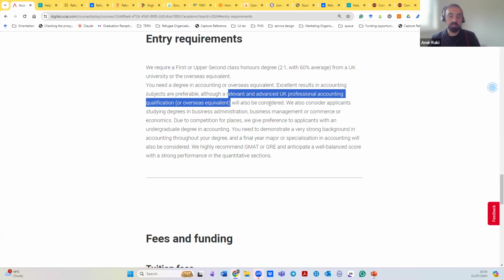And it says it will be considered. So don't think that because I studied politics for undergraduate, I cannot study accounting for postgraduate. You can, but before that, you need to have some professional accounting qualifications. You go to college, you have those qualifications, then you can apply for MSc accounting.